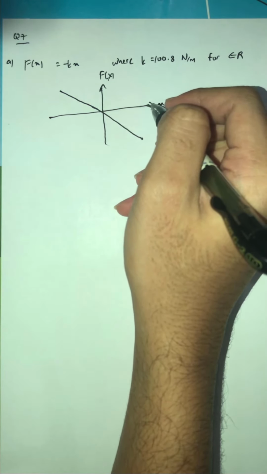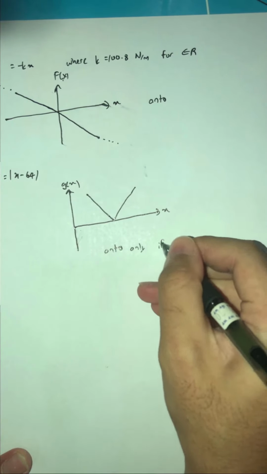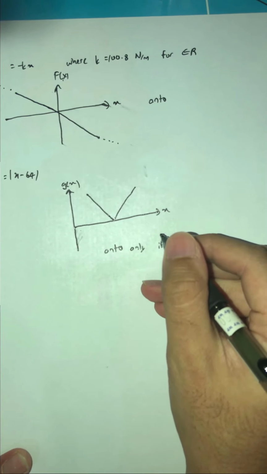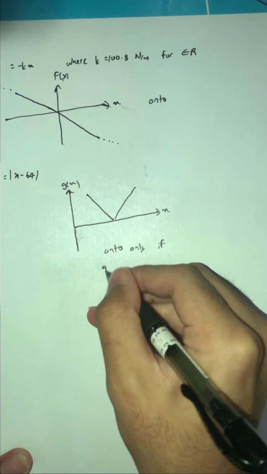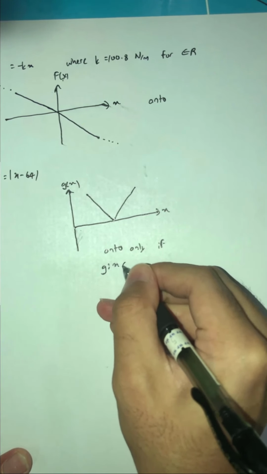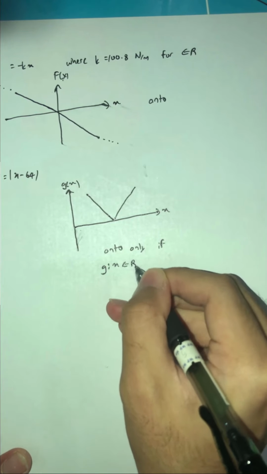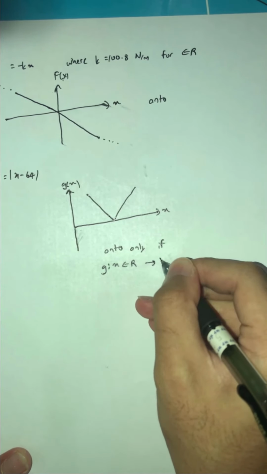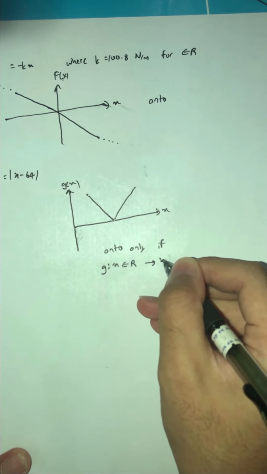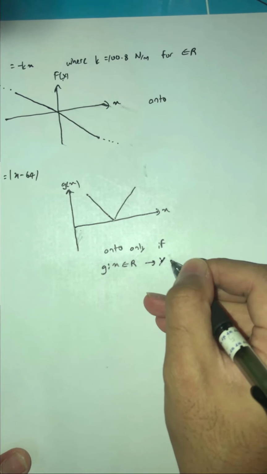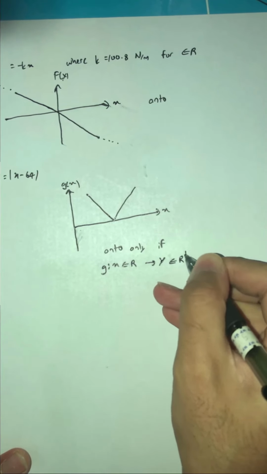You can also say that this is onto only if g(x) is all real numbers and y is only positive real numbers.